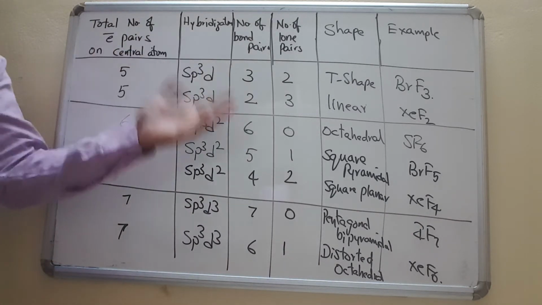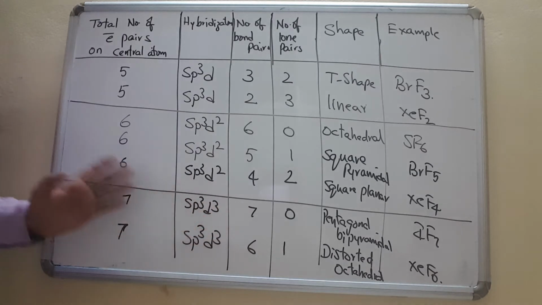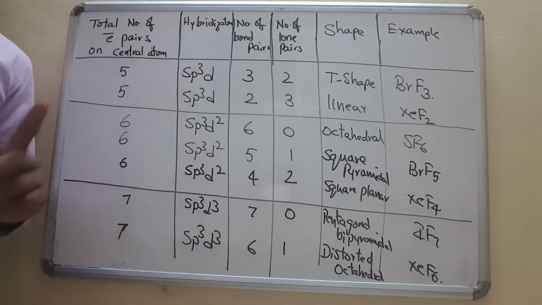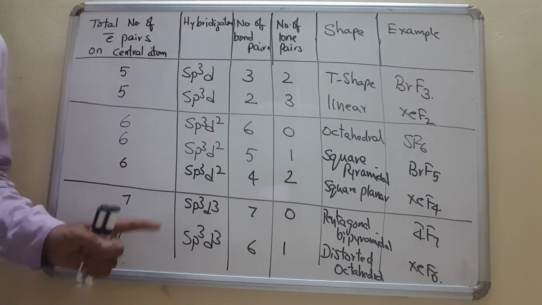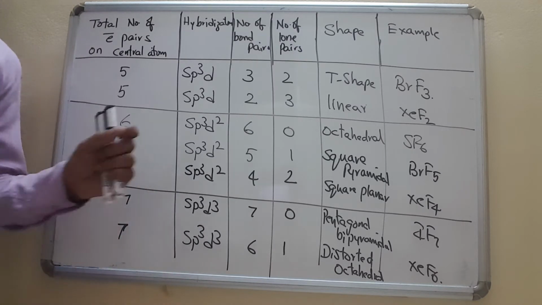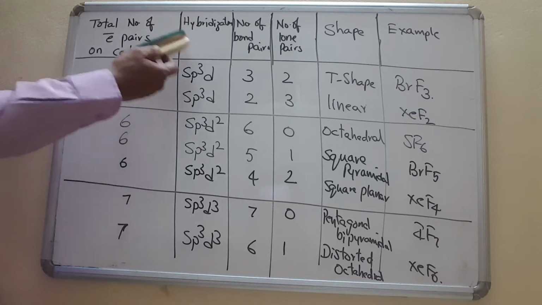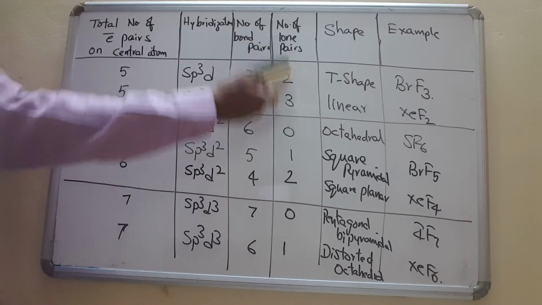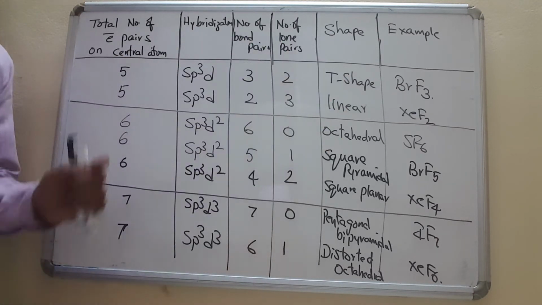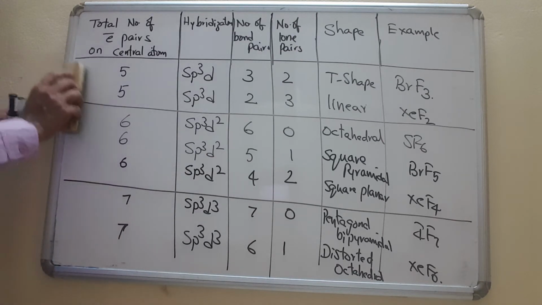That means the previous picture and this one together. If you remember this table, you can answer any question related to hybridization as well as shape of the molecule. I will explain how to predict the total number of electron pairs, hybridization, bond pairs, lone pairs, and shape of the molecule. I will explain with each and every example.